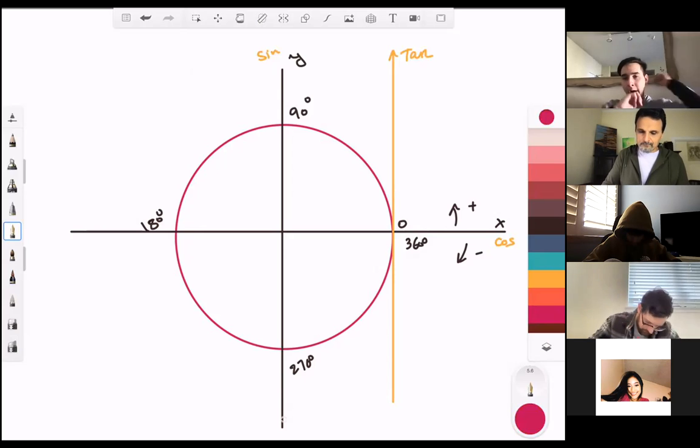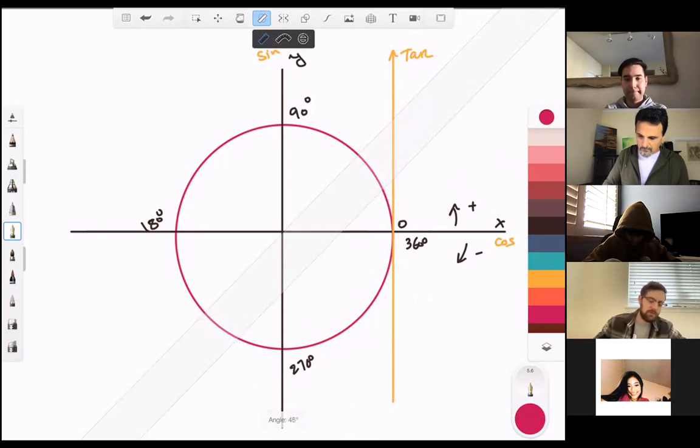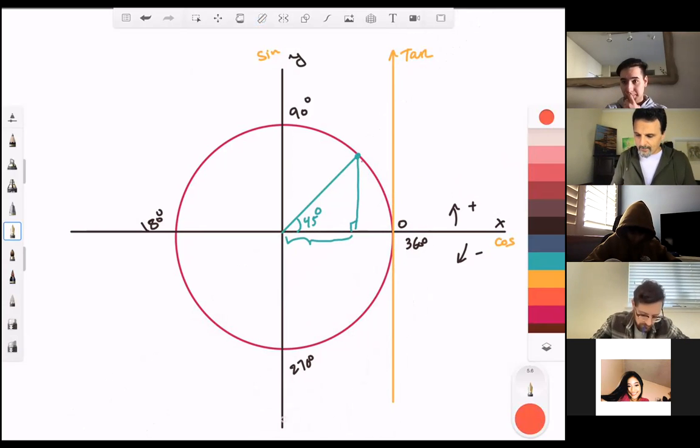For example, if theta is 45 degrees, at this point we made a right triangle. This is the length of cosine. This is the length of sine, which is radical 2/2, radical 2/2, correct?